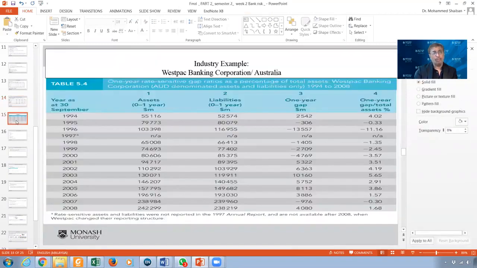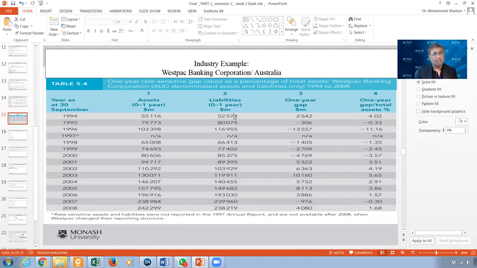I told you before that they have what we call the Westpac and all those banks. For example, this is Westpac, one of the big 4 in Australia. And what they do, they report. And this is actually one of their calculation from 94 to the year 2008.